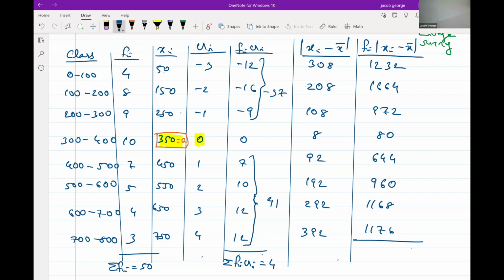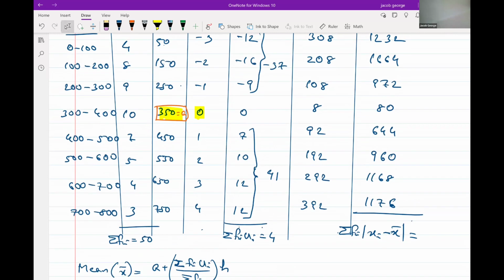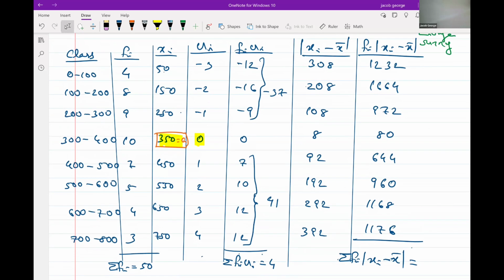Sigma fi into modulus xi minus x bar. Please add this one and tell me what is the value. So all of you please add.